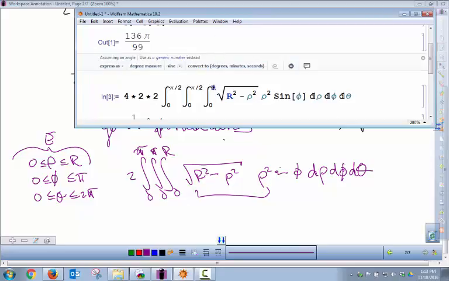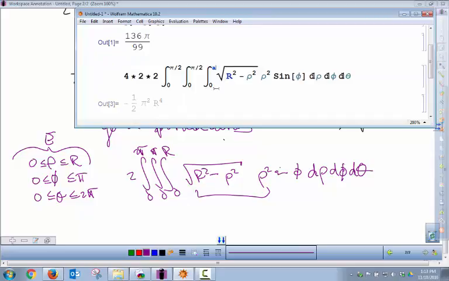I'm a little worried about r, and let me see if I can just change this into a different constant. No, it still shouldn't be. Yeah, it's still negative. All right, well, make it positive, and then we're all good.